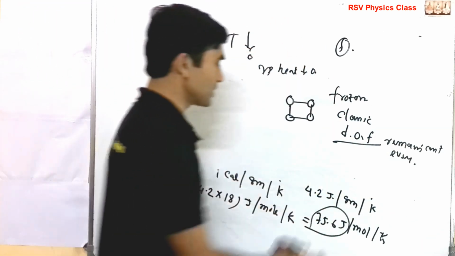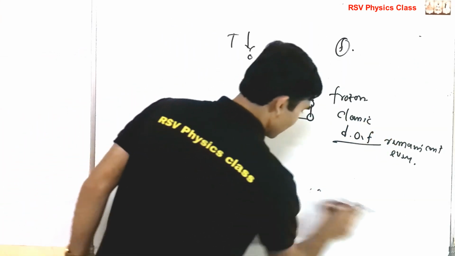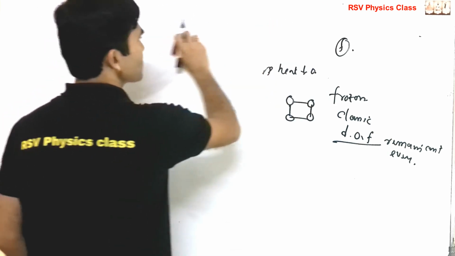This ambiguity is solved by Einstein by using quantum theory. सो वन क्वांटम थ्योरी यूज करके इसको सॉल्व किए थे.